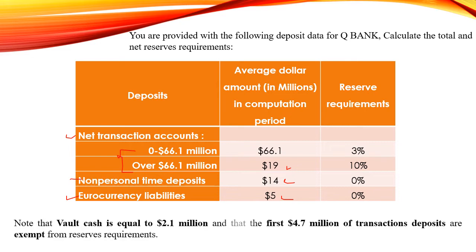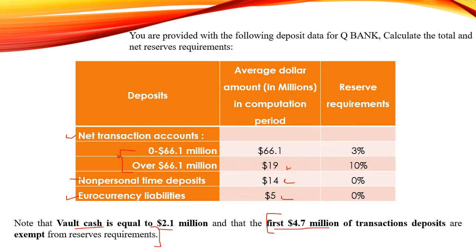So they are saying that the vault cash is $2.1 million and the first 4.7 million of transaction deposits are exempt from reserve requirements. If we don't have this statement in here, the exercise would be so easy.